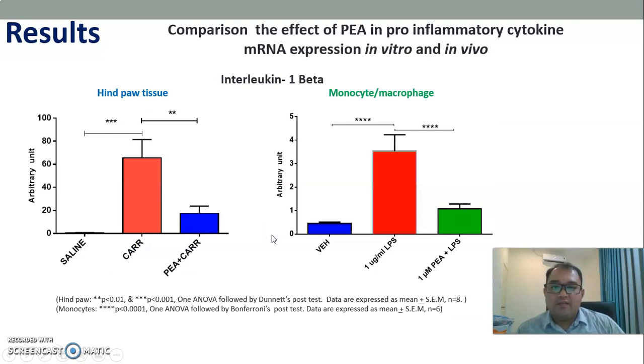When we looked into specific cytokines such as interleukin-1 beta, which plays a role in pain generation, we showed that PEA is able to inhibit interleukin-1 beta in the macrophages, in both the in vitro and in vivo studies.